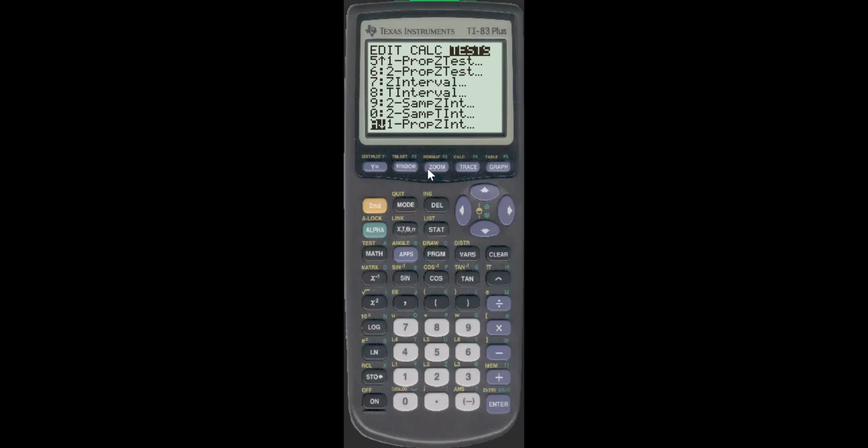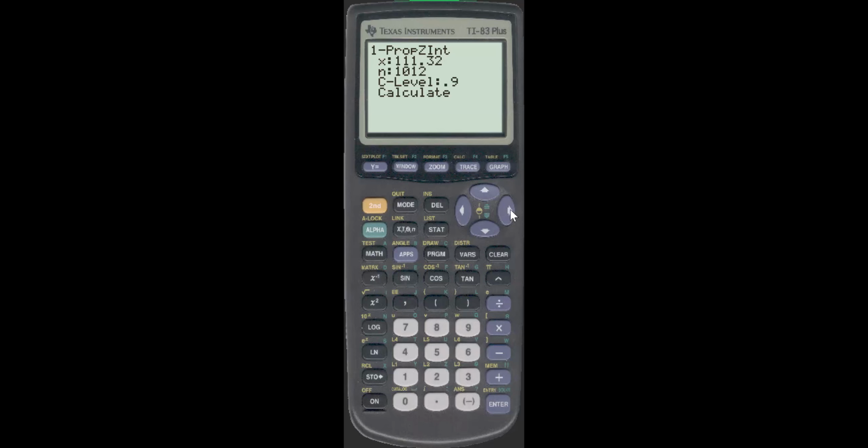Okay, there it is, 1-PropZInt, letter A, one proportion. So see how it wants an x and an n. So I'm going to enter this, 111.32 divided by 1012.